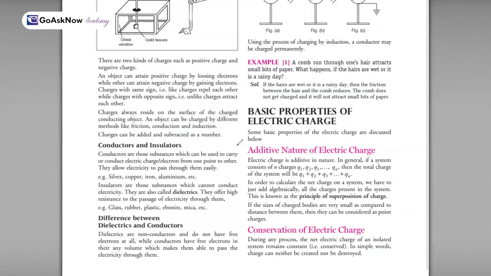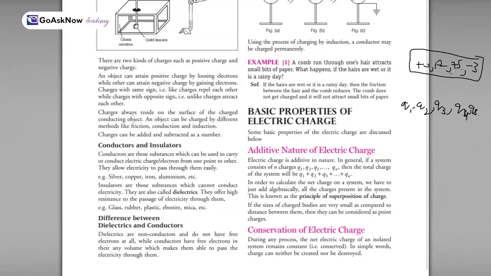If you have a bunch of charges Q1, Q2, Q3, there is a method by which you can add them. It is additive in nature. You can scalarly add them, like adding plus 3, plus 2, plus 5, and minus 3 if these are the charges.